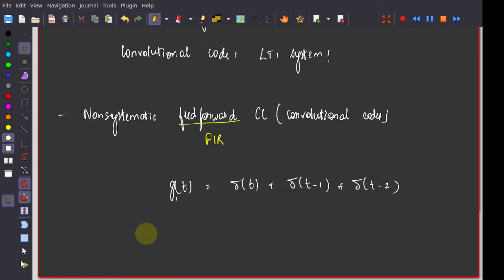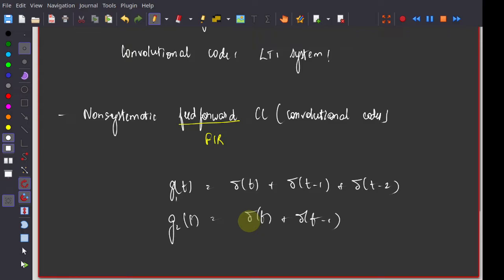Now again, remember that we're transmitting a sequence of bits, and we need to add some redundancy. If the input is one stream and the output is just one stream, there may or may not be some redundancy. So instead what we do is the input is one stream of bits, and the output can be viewed as two streams of bits concatenated with each other. So you can define two impulse responses, g1 of t and g2 of t, in this particular form.